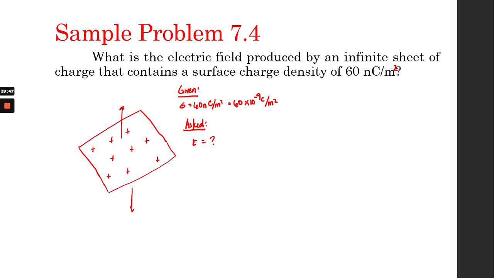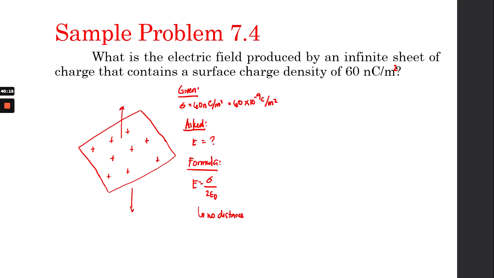And if you notice, you don't have a distance. Why is that? Well, if you look at the formula, the electric field is equal to sigma over 2 epsilon naught. You don't have distance. What that means is if you have an infinitely charged sheet, the electric field is basically equal everywhere.